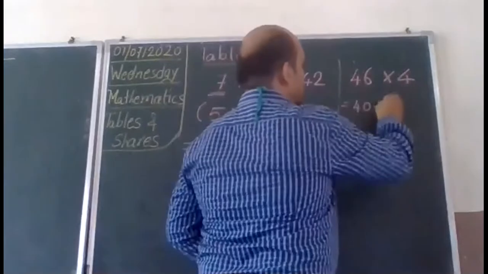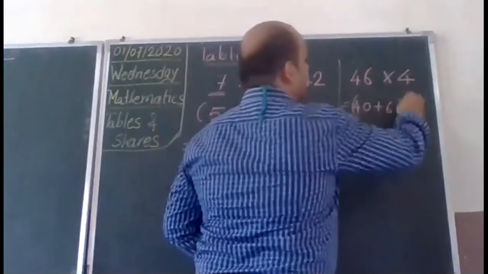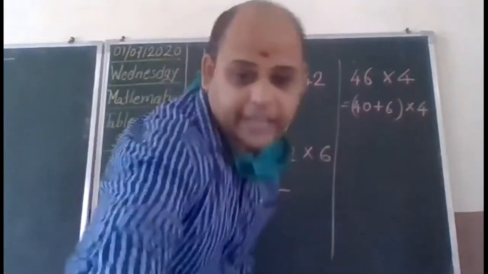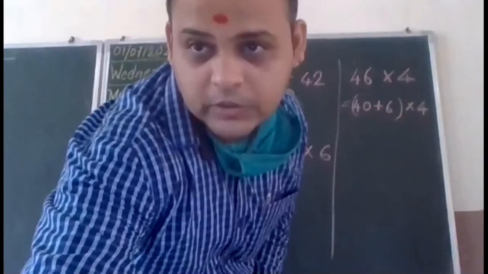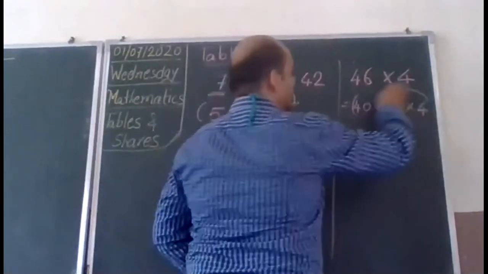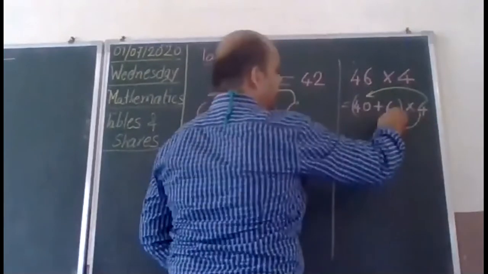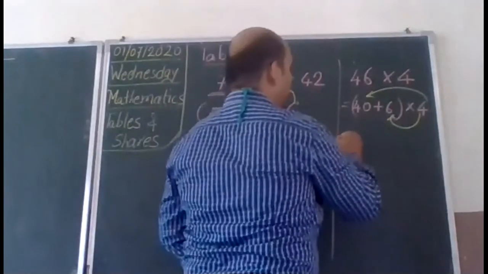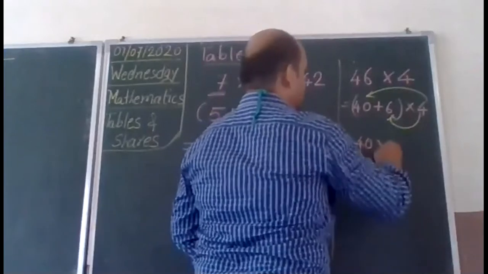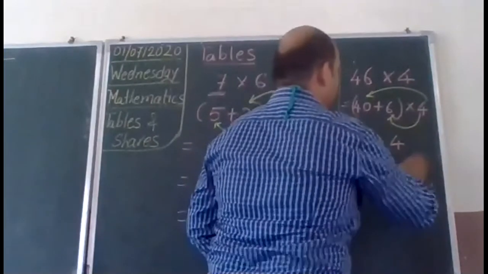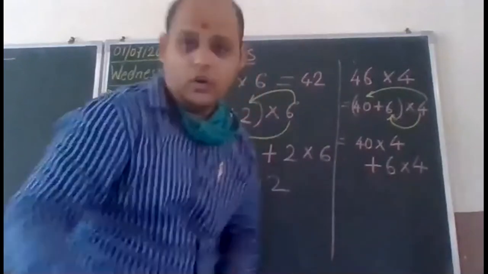40 plus 6 into 4. Now this 4 will multiply with both numbers. So what we have is 40 into 4 plus 6 into 4. Okay?